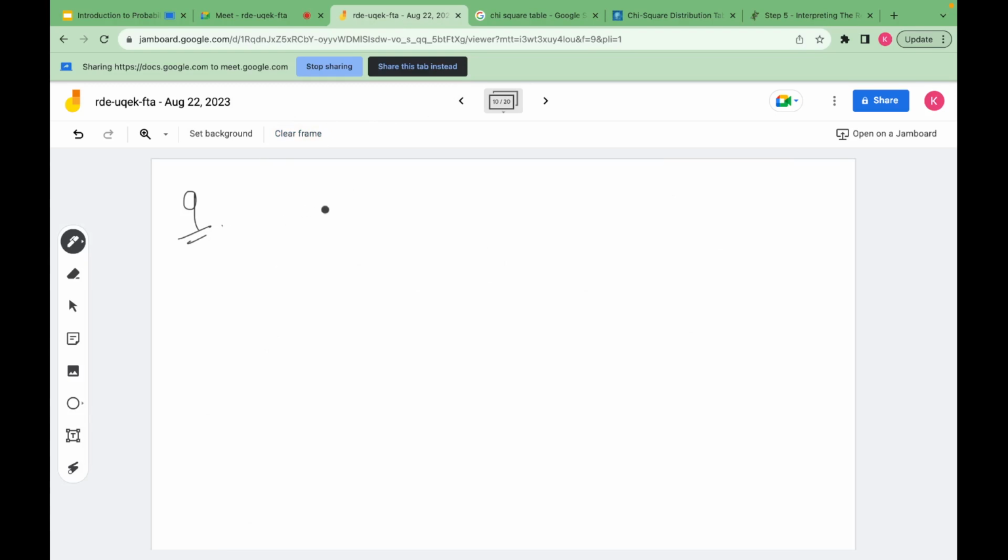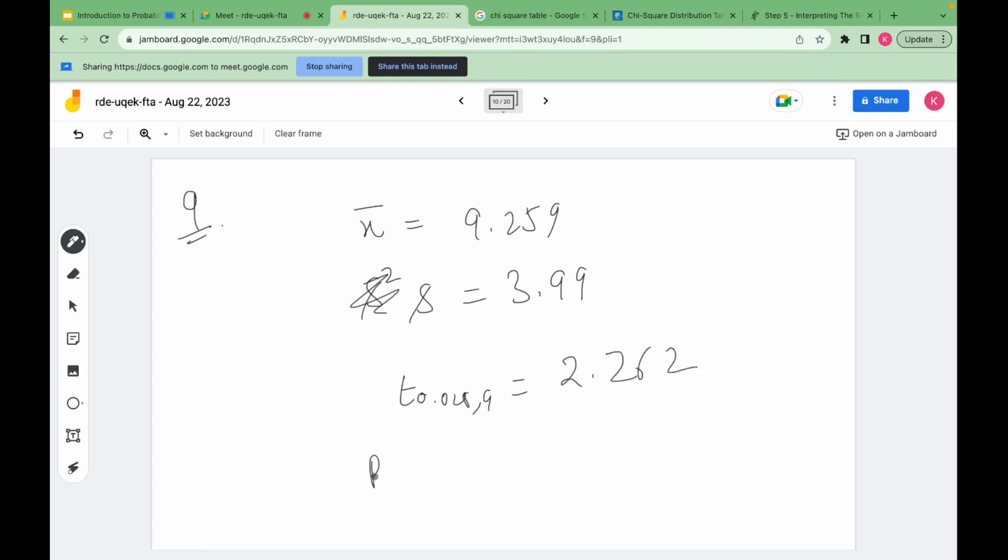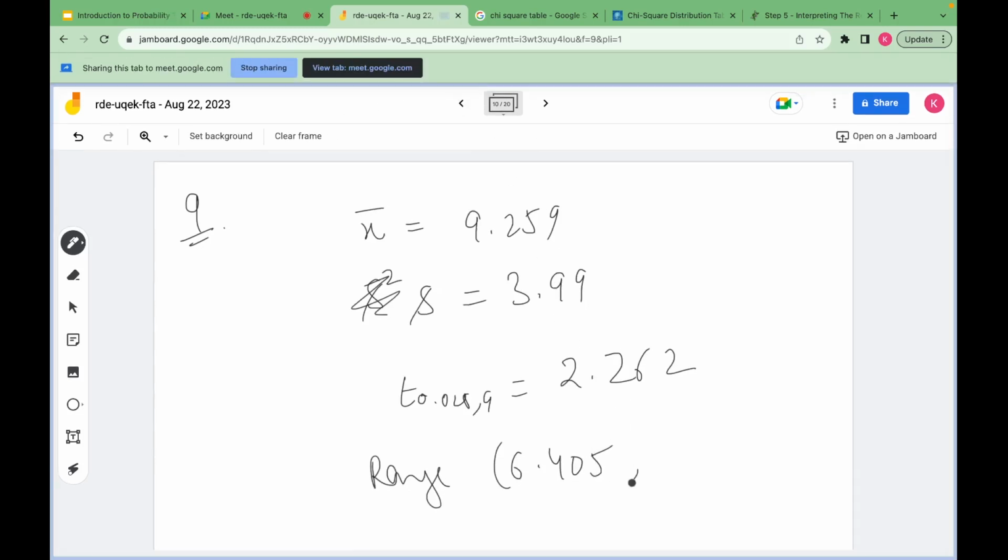For the 9th question, the answer is: the mean x bar comes out to be 9.259, and the sample standard deviation comes out to be 3.99.